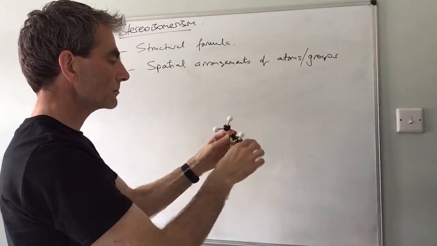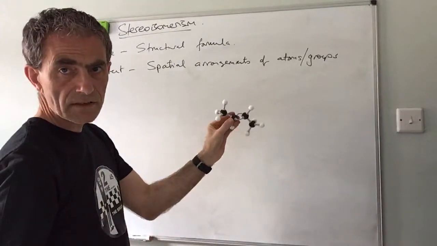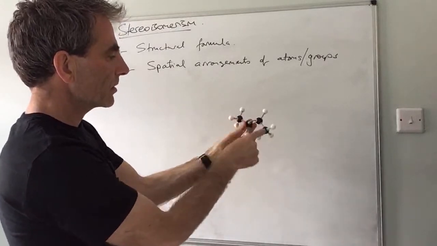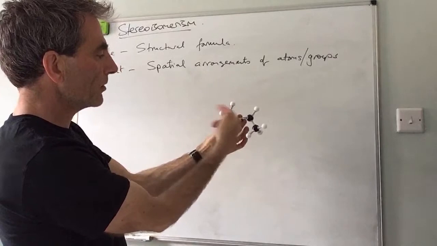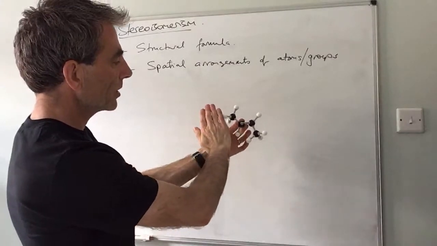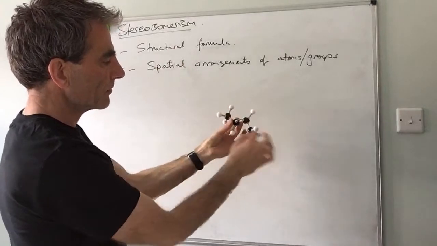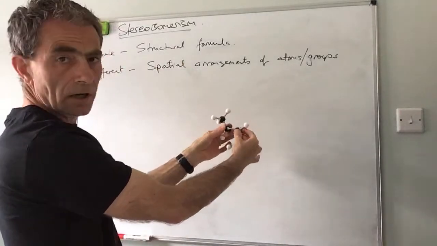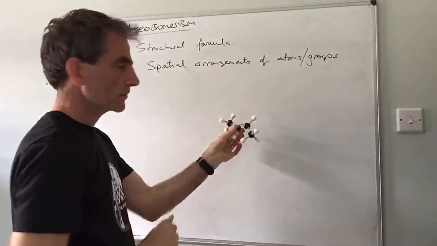However, double bonds can't rotate because of the pi bond. So if we focus on the methyl groups, the methyl group on this side is pointing up, and the methyl group on this side of the double bond is pointing down. Because the double bond can't rotate, they're locked in that spatial arrangement.